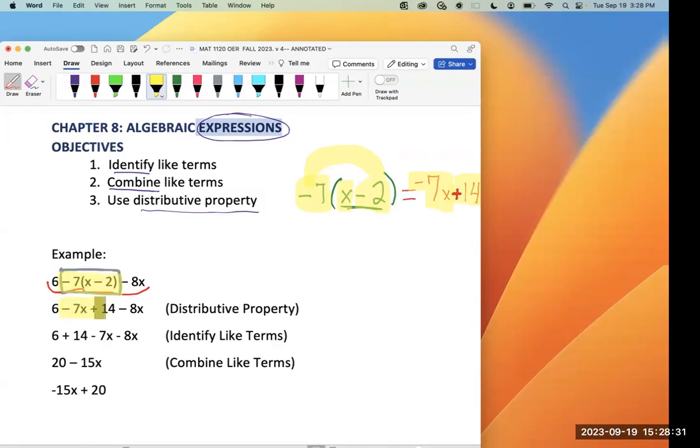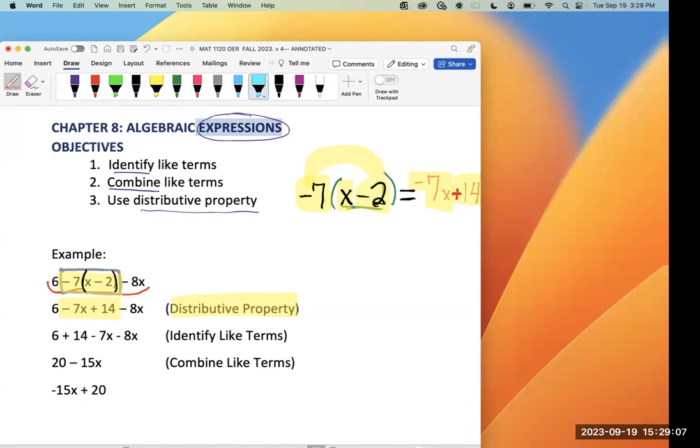That part has been rewritten to be -7x plus 14 because there's a math law. A property is a math law. The distributive property says if you're stuck multiplying stuff inside the parentheses, distribute what's on the outside, distribute that -7 to each term on the inside. X is one term, and then -2 is the other term. So multiply that -7 by each term on the inside, and you will have an equivalent expression.